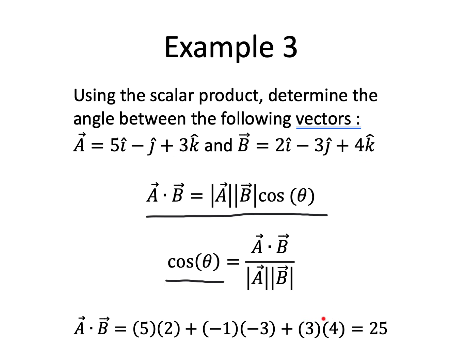And when you multiply all of those out and add them together, you get 25. So the scalar product of these two vectors is 25. Now I want to take that 25 and divide by the magnitude of A and divide by the magnitude of B.